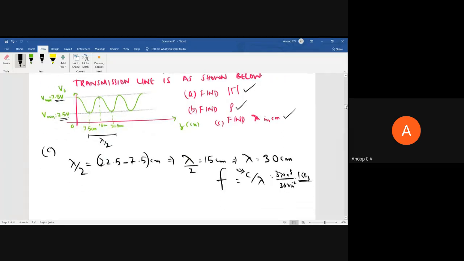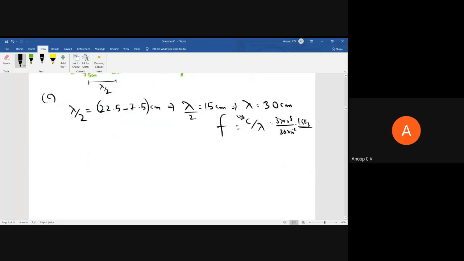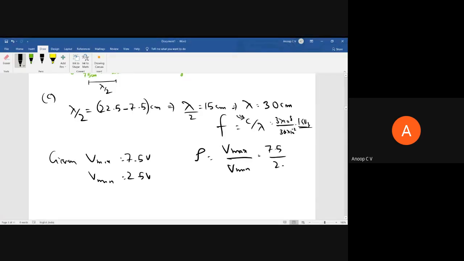Then how to find rho? Next, as Vmax and Vmin are given, Vmax is equal to 7.5 volt and Vmin is equal to 2.5 volt. So you can either find rho directly. Rho is directly equal to Vmax by Vmin, that is 7.5 divided by 2.5, that is equal to 3.